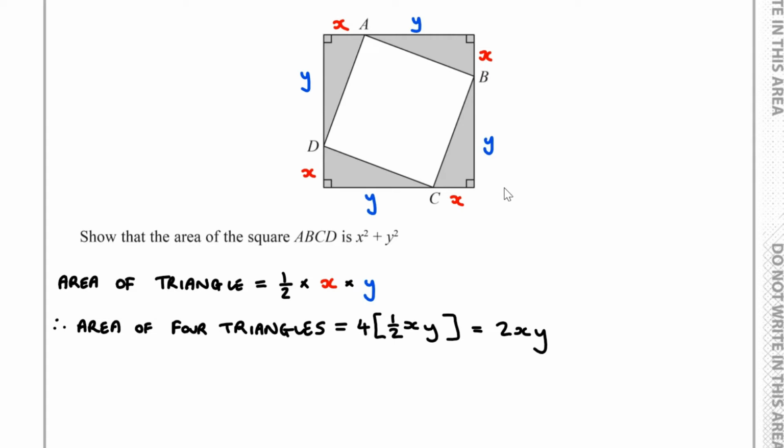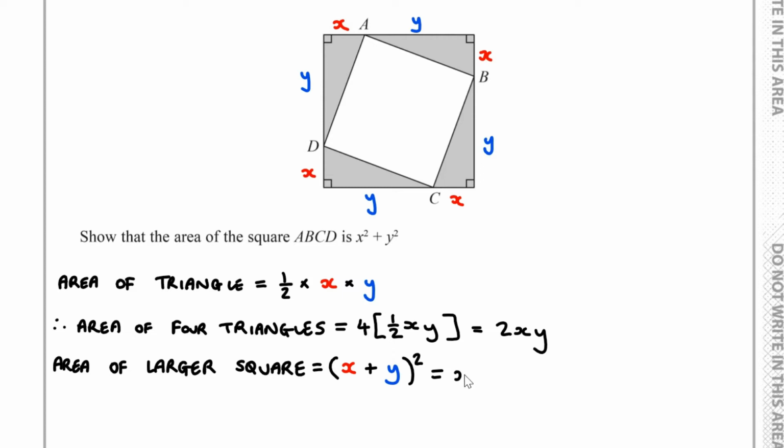Okay, now let's work out the area of the larger square. So the area of the larger square, well, here we've got dimensions x plus y for one length of the square, so we've got x plus y, and then we will square this because we've got the area of a square.